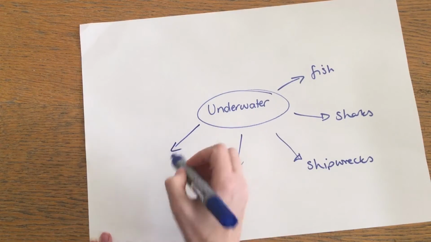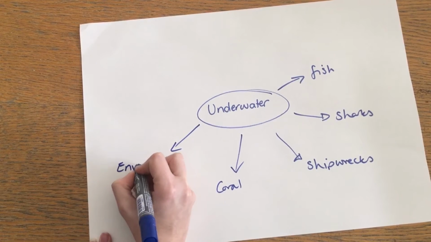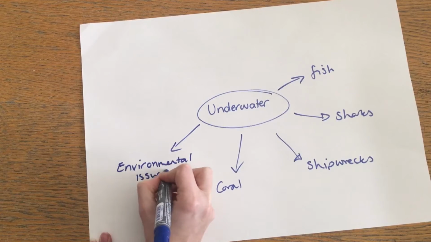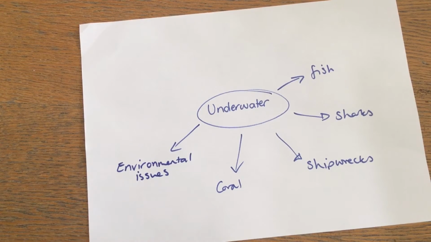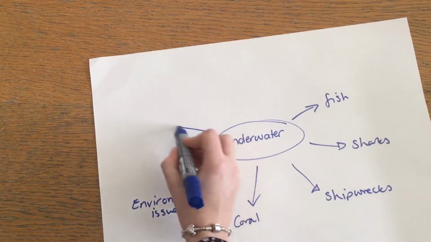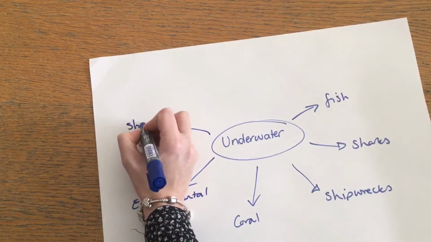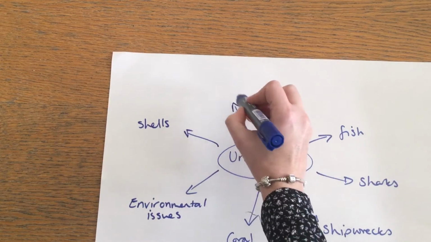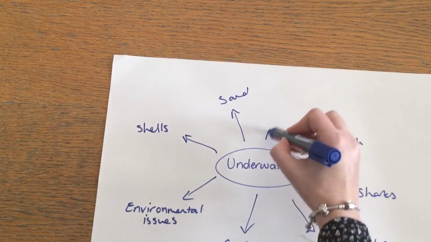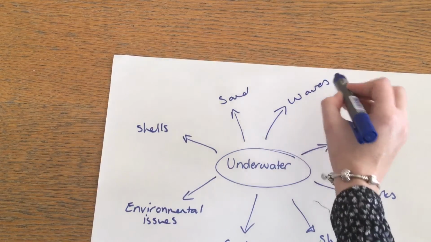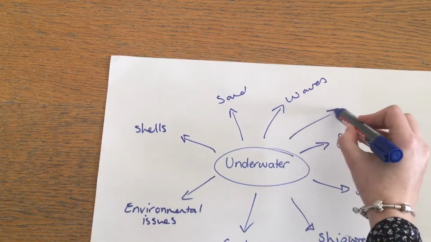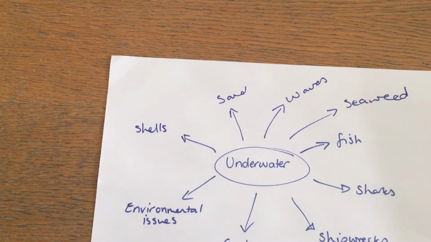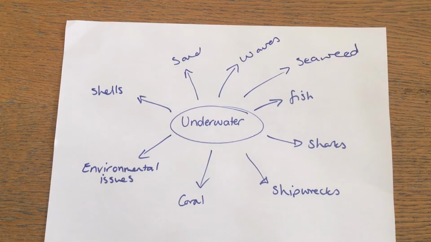I could look at environmental issues to do with underwater. I could look at something like shells, so sort of objects that are found under the water. I could look at sand, waves, and things like seaweed. So that's a very, very basic mind map that I have put together.